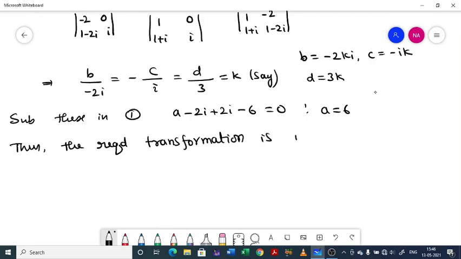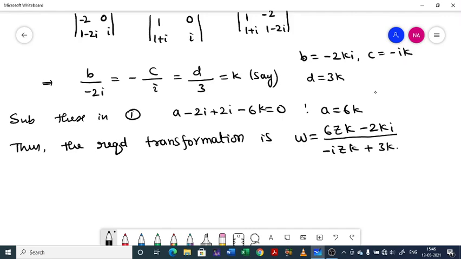w equal to 6z k minus 2kI divided by minus I z k plus 3k.